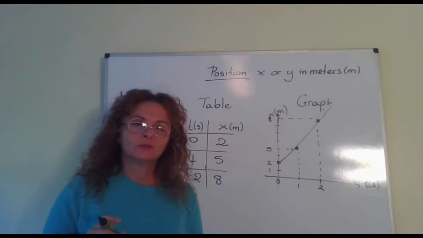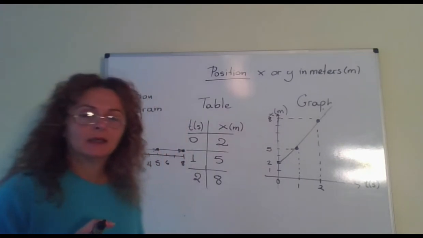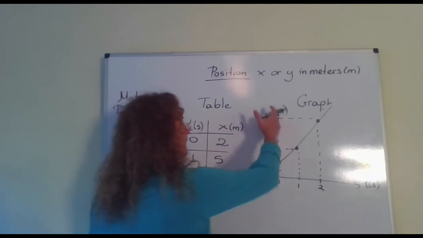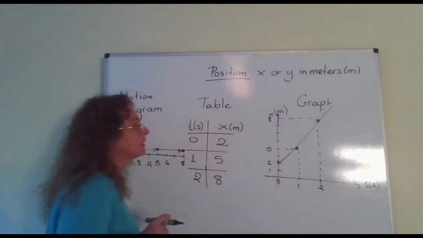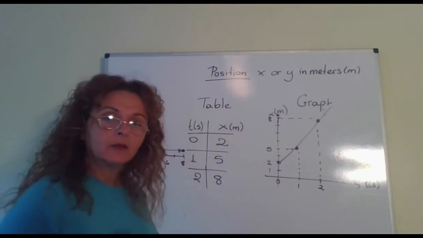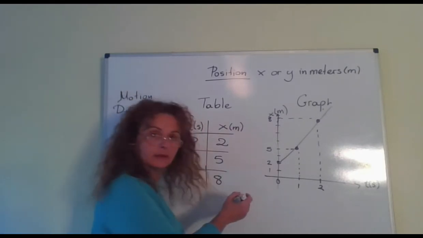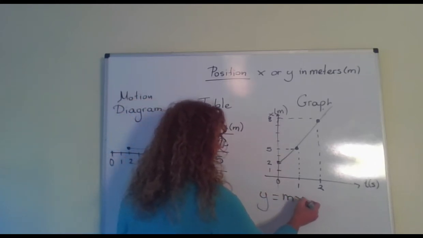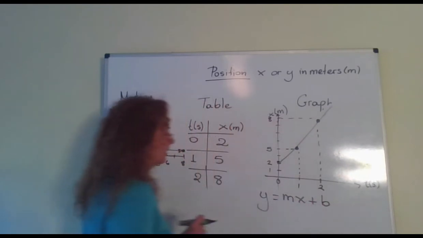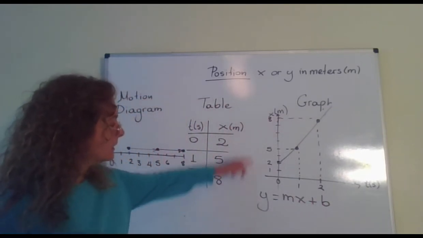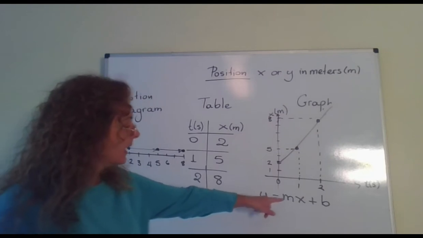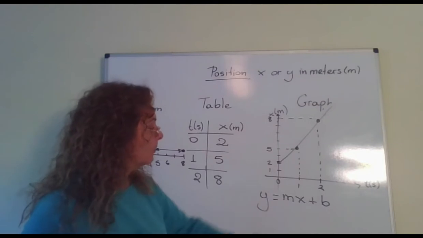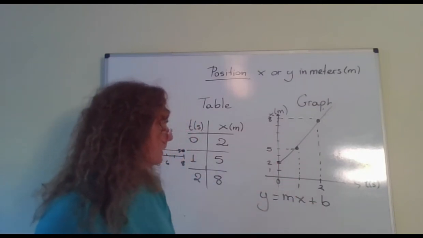If I want to write an equation, it's so easy, because you already know from algebra that when you have a line graph, the formula is, I hope you see it, y equals mx plus b, where y is the quantity on this axis, x is the quantity on this axis, m is the slope, and b is the y-intercept.